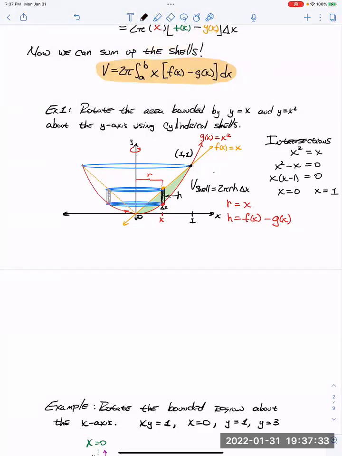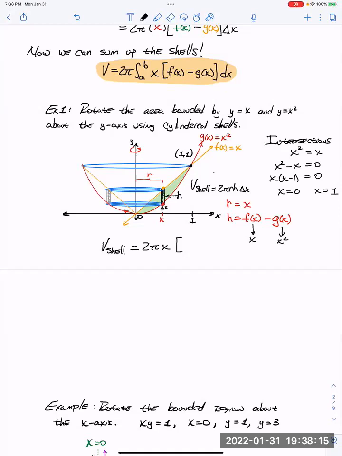Okay. So with that said, the volume of our arbitrary shell, which is this shell right here, is going to be 2 pi, and what's my radius? That's just x, right? And then my height for that shell is going to be f of x minus g of x. But what's f of x equal to? f of x is equal to x, and what's g of x? x squared, right?